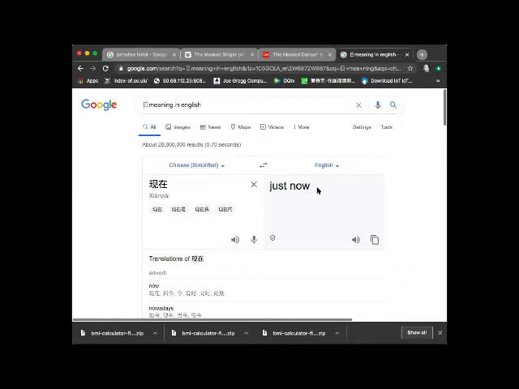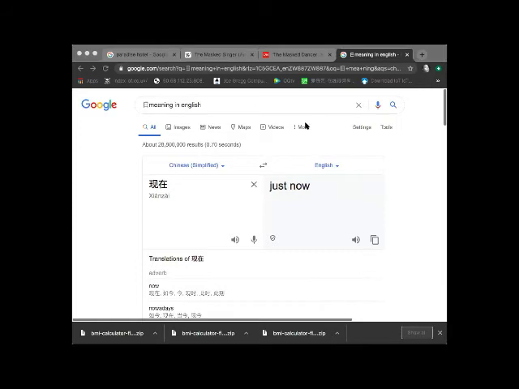Yes. So if you say I want to go to town and then I ask when do you want to go to town, you say 现在. That means you want to go now. Okay. I want to eat. What time do you want to eat? 现在. That means you want to eat now.